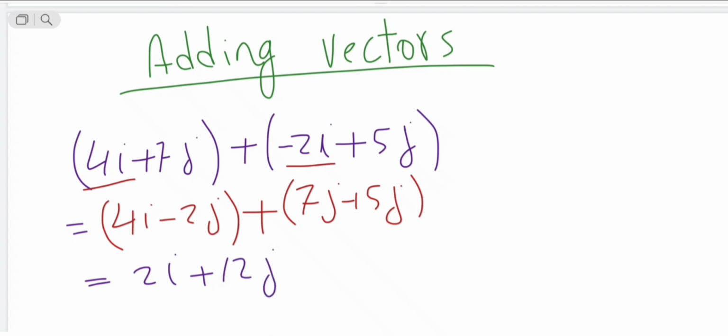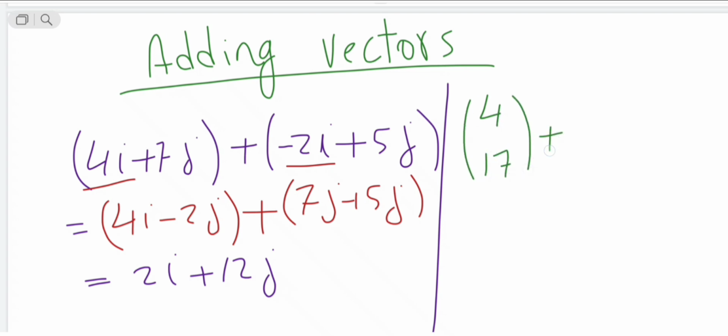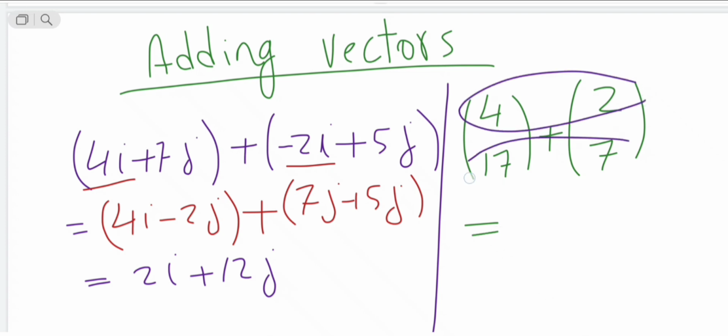This is our answer. So another question, for example, it is given in a column way. How will you add? So for example, we have 4, 17 plus 2, 7. So when you are adding, you will add x in x, y in y.